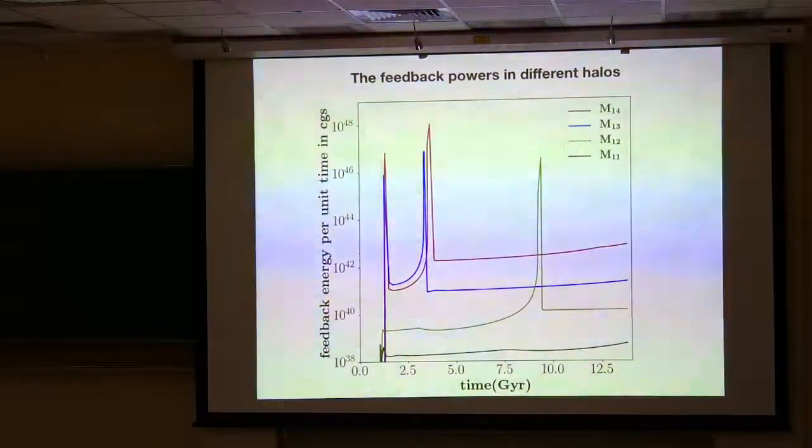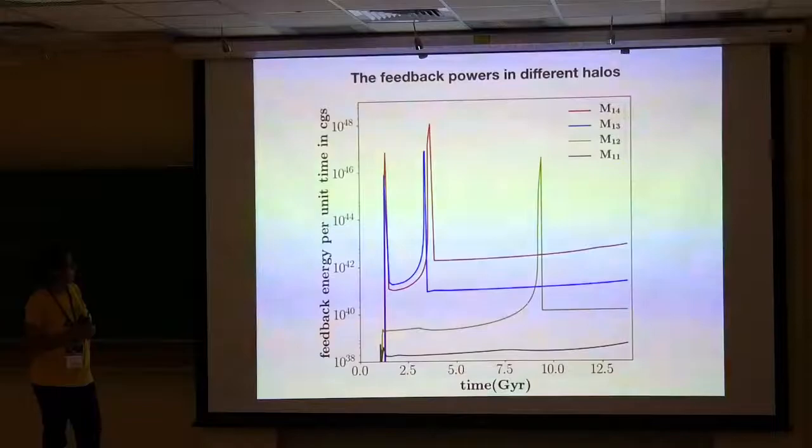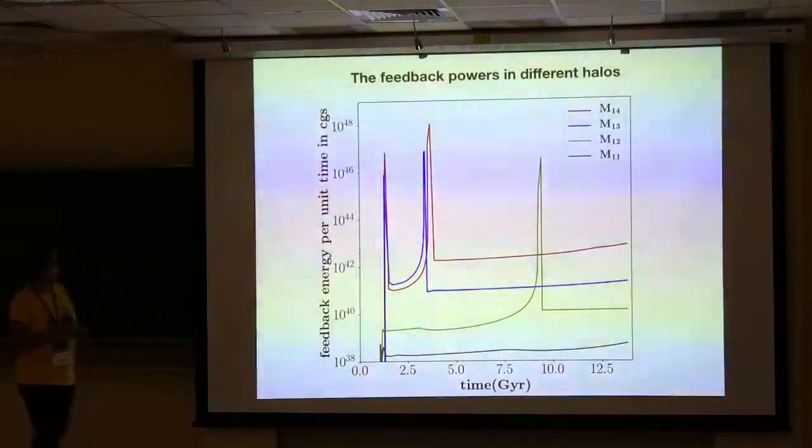With this, we see the feedback power for each case. The red one is the biggest halo, the black one is the smallest, and initially we see two peaks in both the bigger mass halos, which are 5 times 10^14 and 5 times 10^13. The smallest one is relatively very smooth, it doesn't show any peaks.